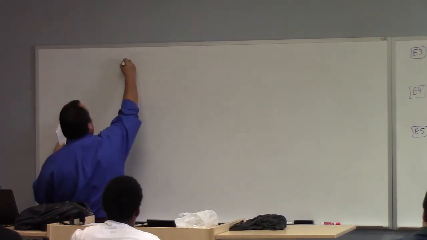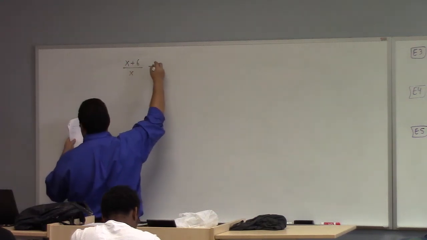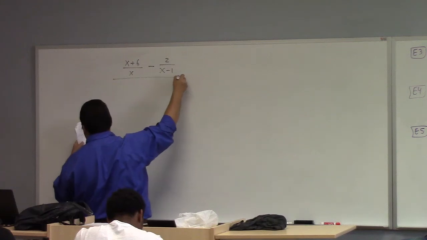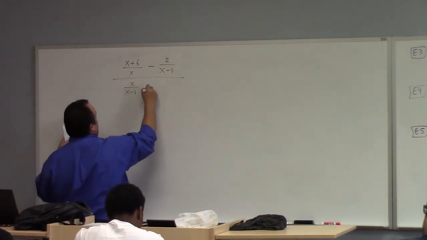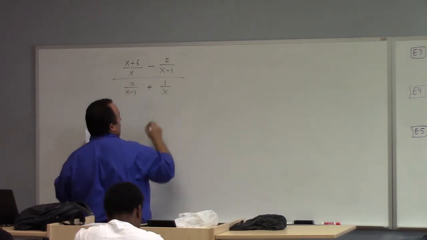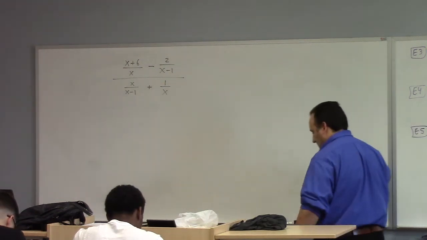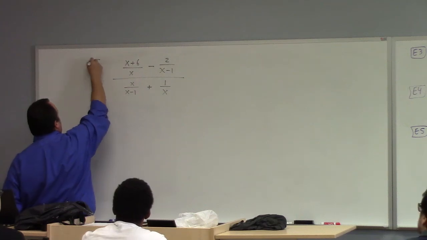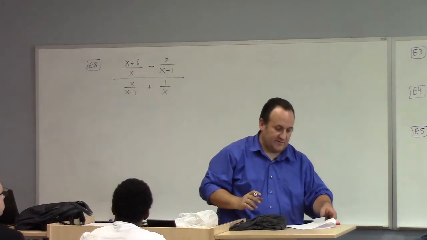We could run up against something like x plus 6 over x minus 2 over x minus 1, divided by x over x minus 1 plus 1 over x. Something like this, yeah? So call this example 8. We're not going to get out of jail so easily this time. We're not just going to multiply by x, because the denominator is not so simple.